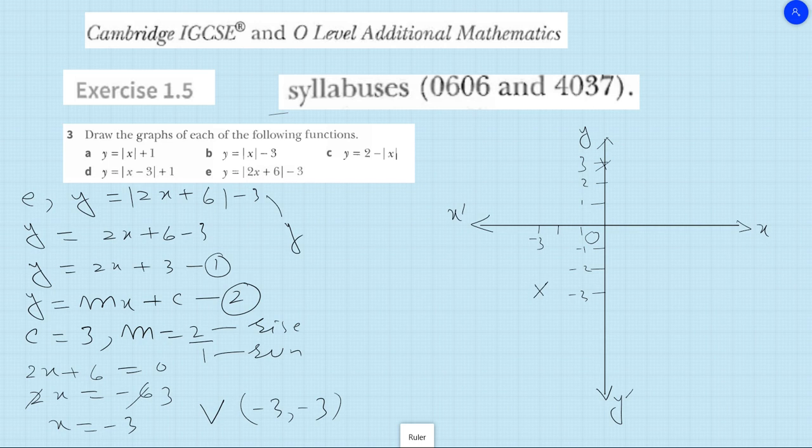Okay students, now we need to draw a straight line. Our y-intercept is 3 and our gradient is 2.